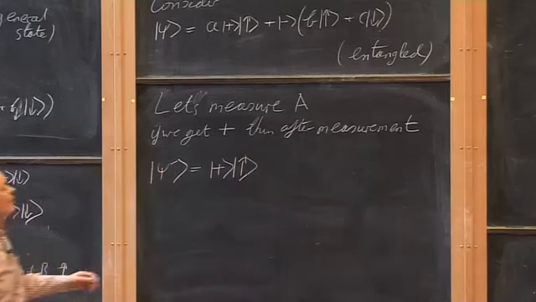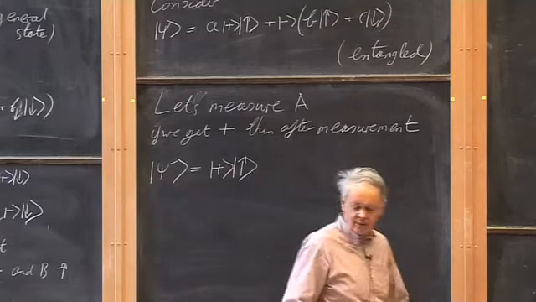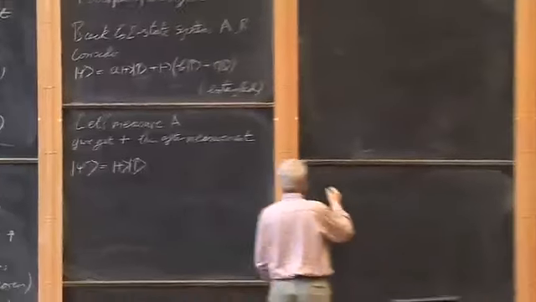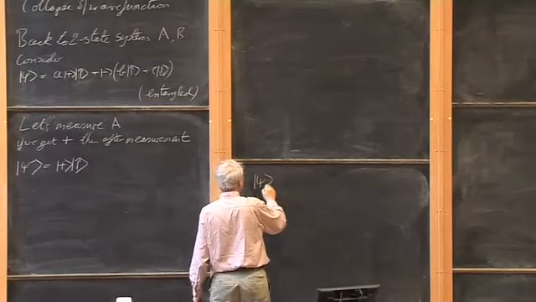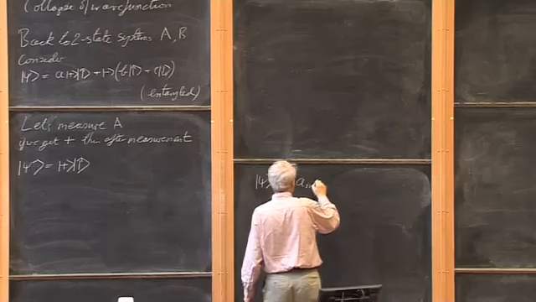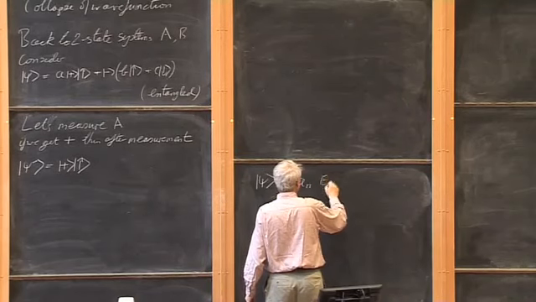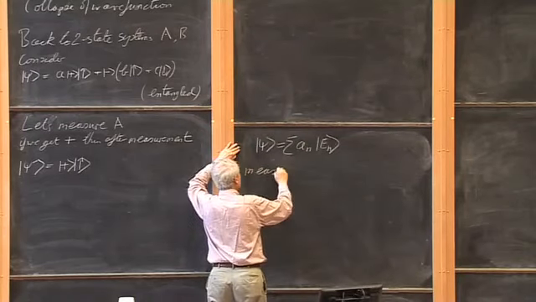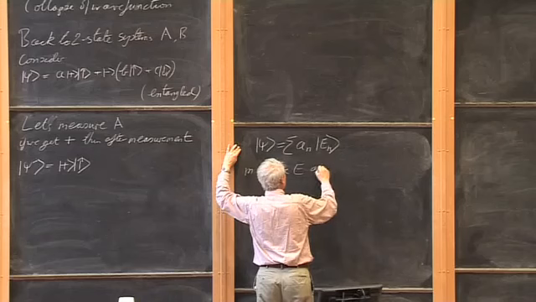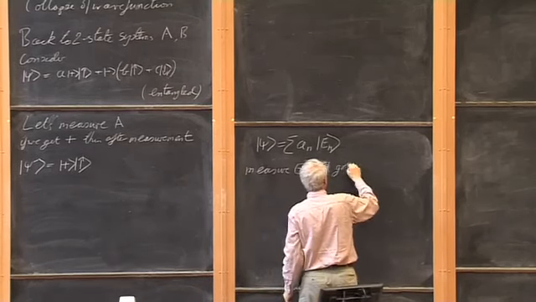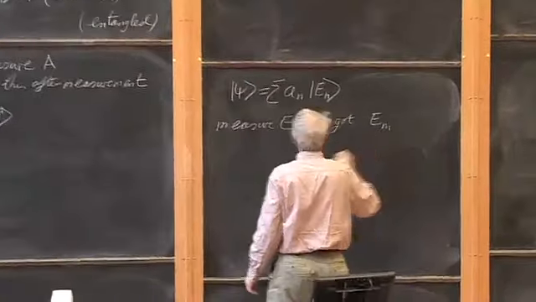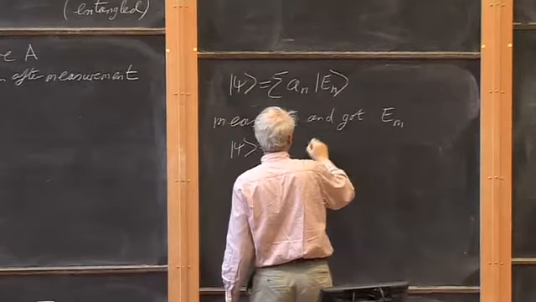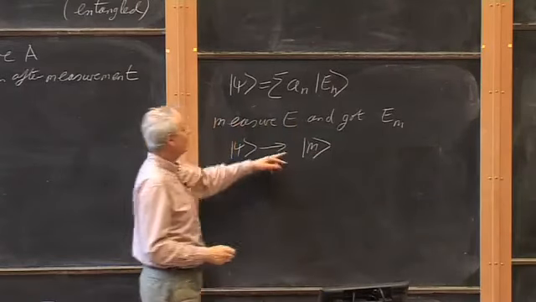So let's just remind ourselves what collapse of wave function was all about in the single system. If we had a single system, we wrote psi equal to the sum of a_n times E_n, for example, and we measured E and got the answer E_m, then psi went to the state m, right? After the measurement, it was in this state.